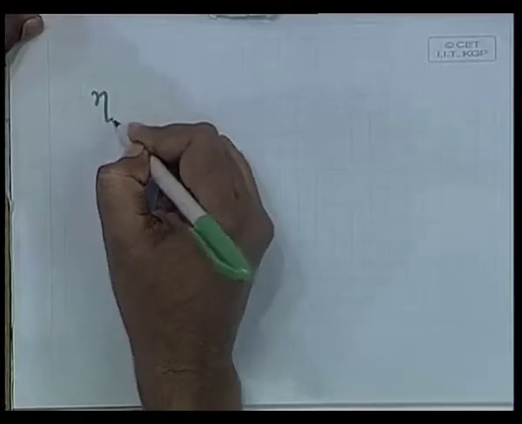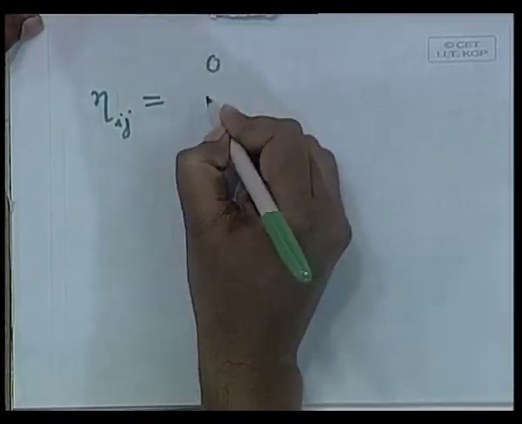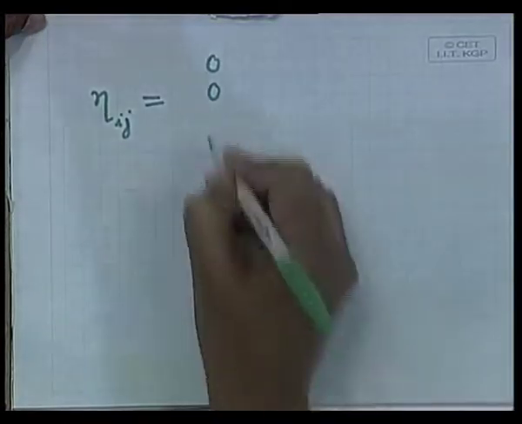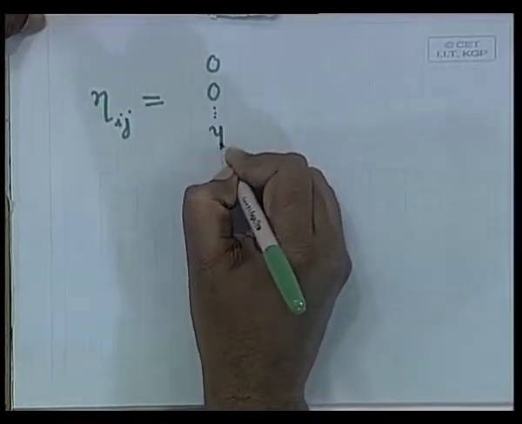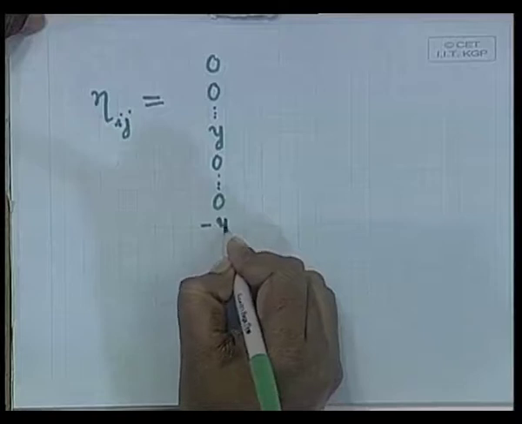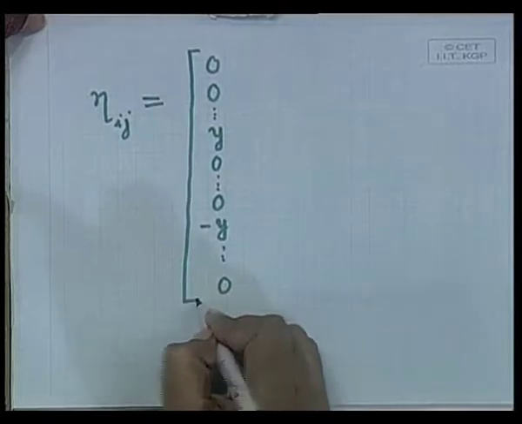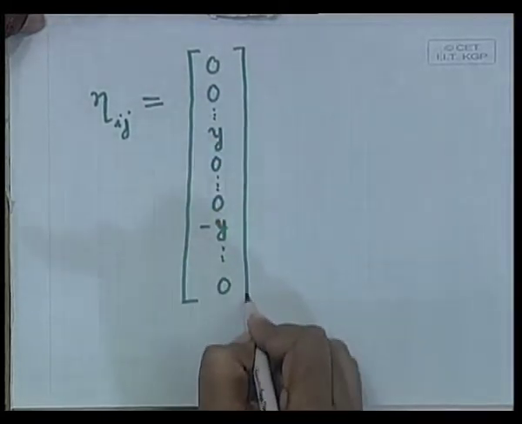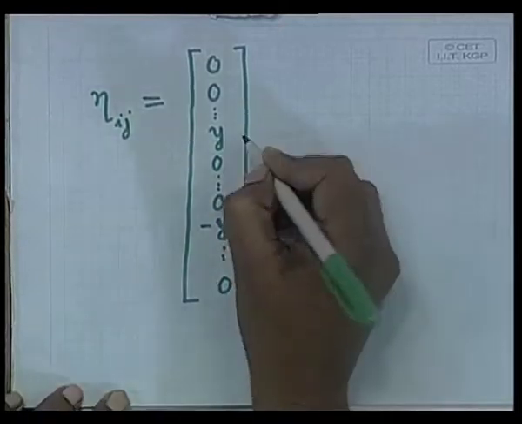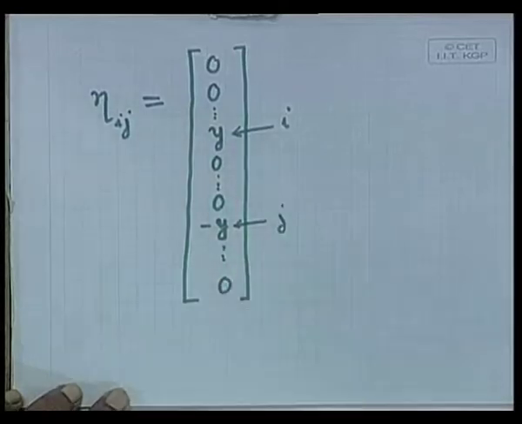In general, a feature vector eta ij will be something like this: I will have these vectors having components 0, the ith component will be equal to y, the jth component will be minus y, then followed by zeros again, where this is my ith component and this is my jth component.